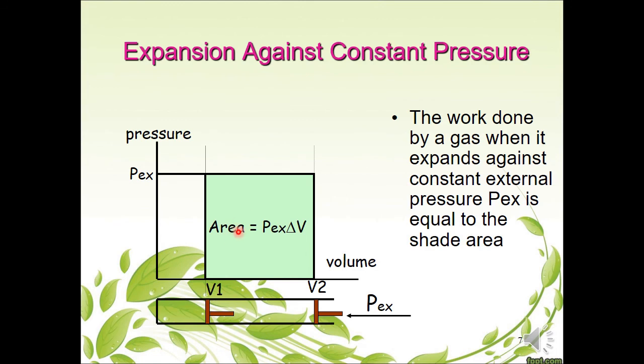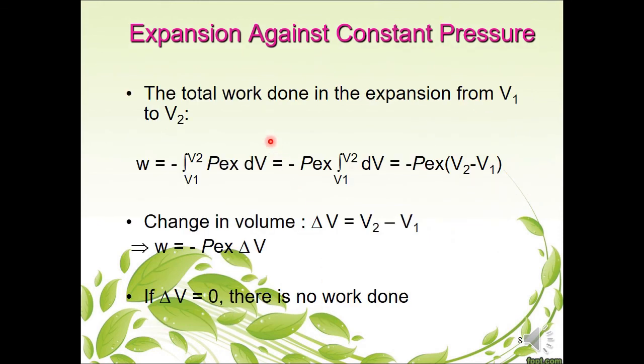So how to find work? External pressure times change in volume. For the total work done in that expansion from position V1 to V2, we integrate the formula W equals negative P(Ex) dV.